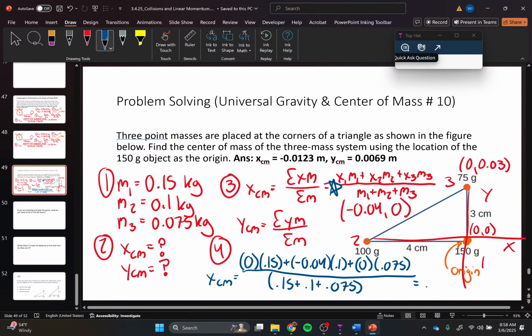If you plug that all in carefully, you should get negative 0.0123 meters. If you got 1.23 centimeters, that's the same exact number.